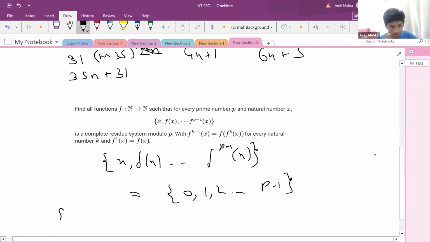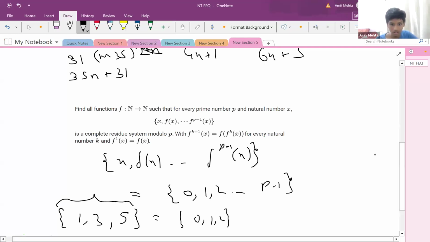Like 1, 3, 5 gives 1, 0, 2 when divided by 3, right? So this is a complete residue set mod 3. So the question is saying that this set takes all remainders when divided by p. Is this clear?